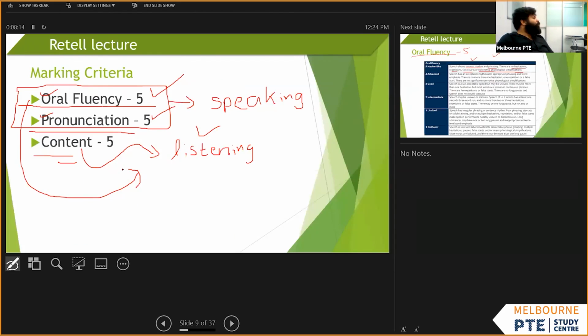These points I have already explained to you in detail, like your fluency, pronunciation, and content. Now fluency and pronunciation, just as I explained to you in the repeat sentence, they apply exactly in the same way over here. So the things that I discussed, like your pauses, fillers, repetitions, hesitation, courtesies, you have to avoid them here as well.